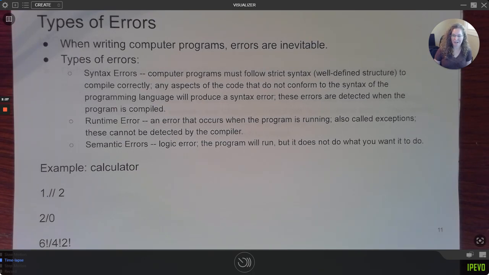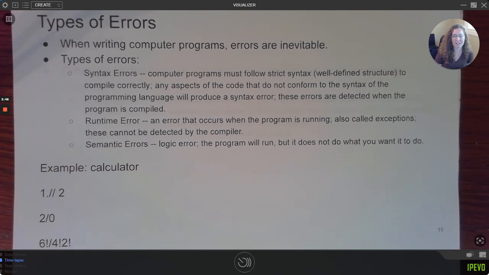A runtime error, on the other hand, will not be detected until the program is running. The compiler will find syntax errors before even one statement of your program is run, so the program won't be running at all when you find the syntax errors.